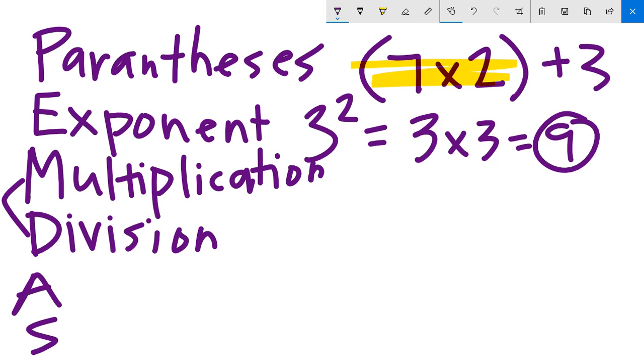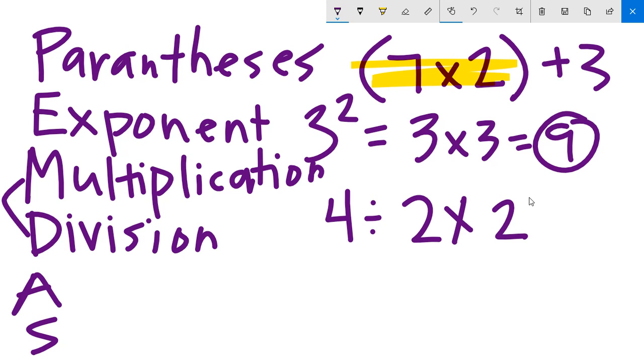If you have a problem and it's 4 times 2 divided by 2, you're going to do the multiplication first because it comes first in the equation, left to right. Now, if you had, let's say, 4 divided by 2 times 2, what are you going to do first? Well, you're going to do the division first this time because it comes first.